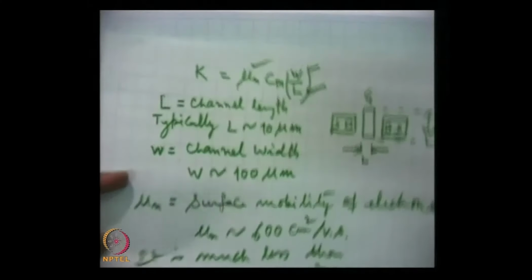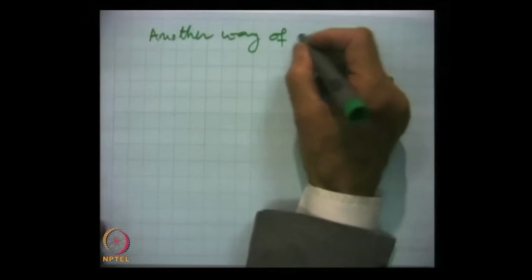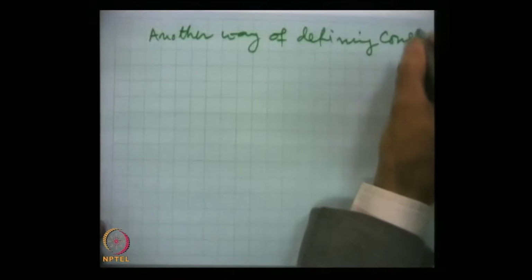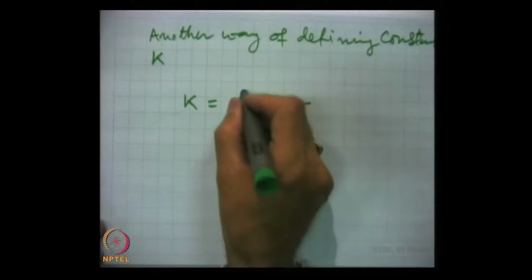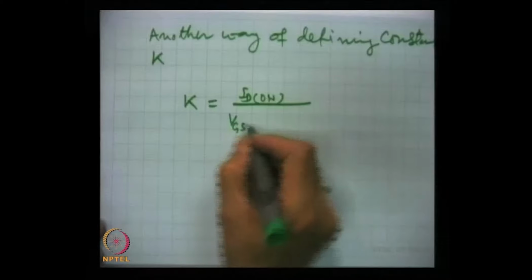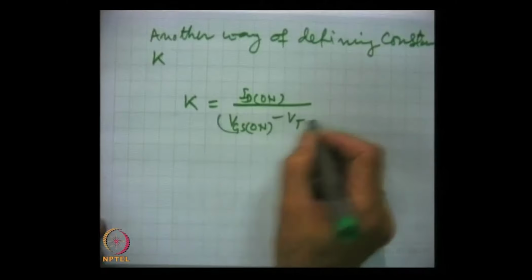Often it is defined when all geometrical parameters are known, but there is another way of defining the constant K, and this is K equal to ID on by VGS on minus VT square.